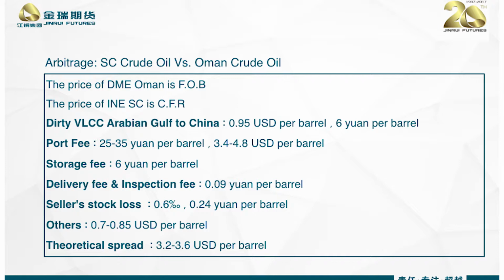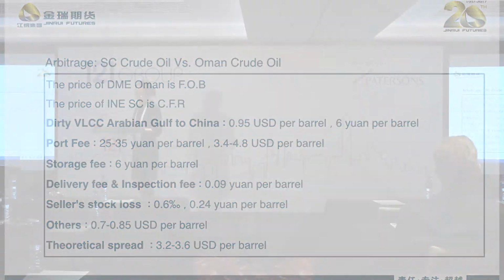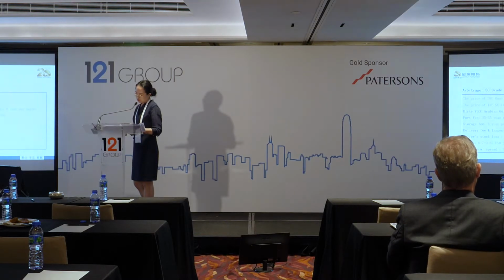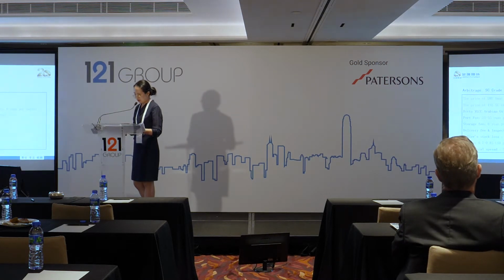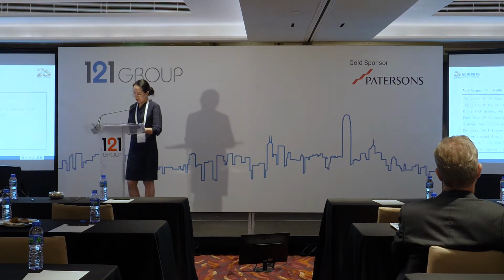After calculating for short position, when the premium of Oman to SC is over $3.2 per barrel, the arbitrage opportunity would appear, and the top and down frontiers of arbitrage are $2 and minus $1.5.